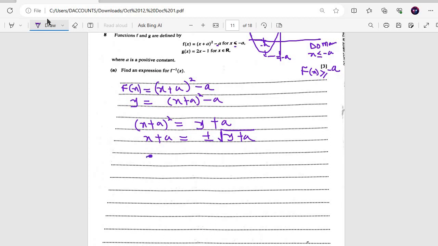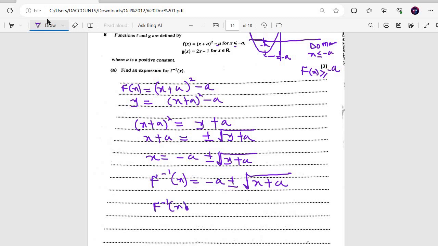From here, x will be minus a plus or minus square root of y plus a. So the inverse is minus a plus or minus square root of x plus a. Now, is it plus or minus? I'm going to choose plus.